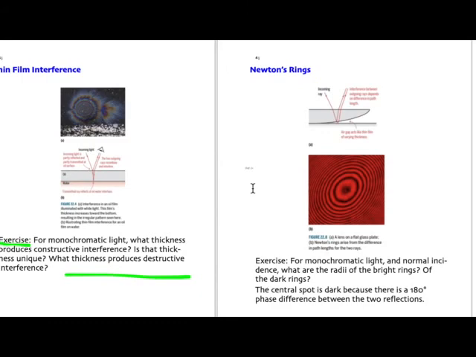Oddly enough, he didn't understand what he was seeing. Newton didn't believe in the wave theory of light. He believed that light consisted of a stream of particles. But the only really acceptable explanation of Newton's rings is based on the wave theory of light. So he had an explanation, but his explanation really wasn't correct.